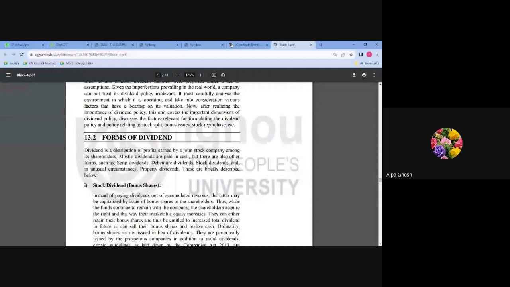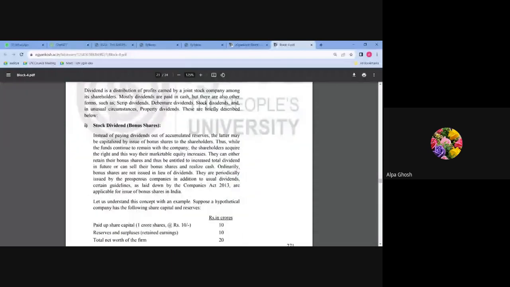I hope you understood. You need to hold cash for further business activities. So what you do is not pay the dividend in cash, but issue equity to the value of the dividend. Pay shares against the payment of dividends, and they are periodically issued by companies in the form of usual dividends.